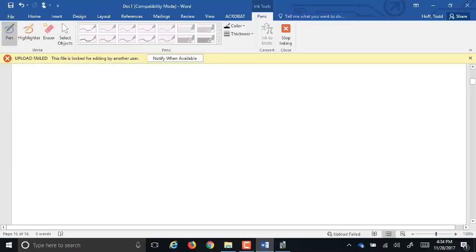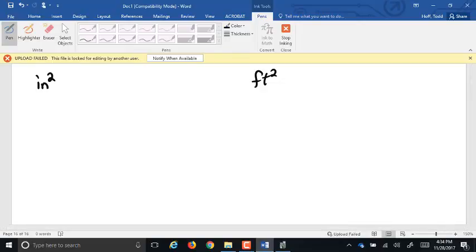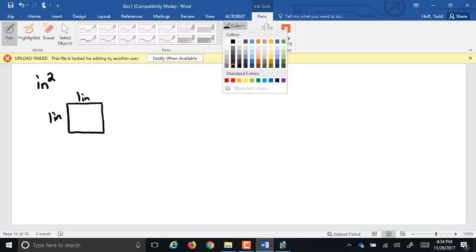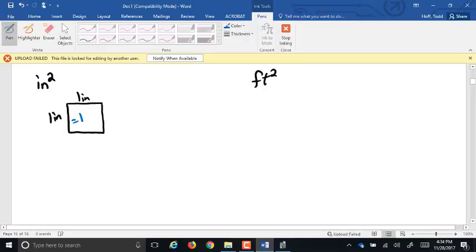Now, before we go any further, I want to talk a little bit about what is an inch squared and what is a foot squared, or a square inch and a square foot, as they're usually called. A square inch is defined to be a square that is 1 inch by 1 inch. That's equal to 1 inch squared.